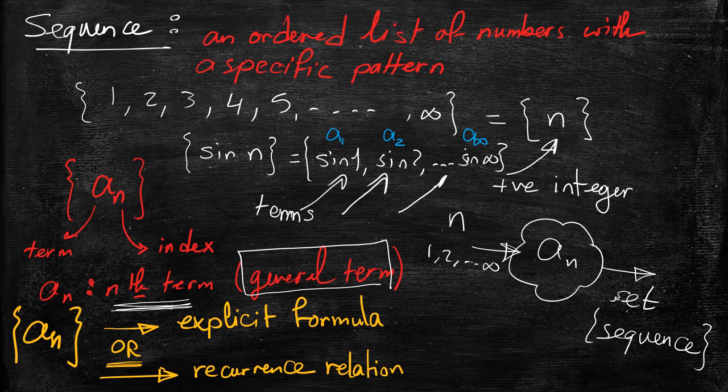If we think about how we can express the sequence as a mathematical formula, we can express it in two forms. One of them is the explicit formula, as we did before, where we have this nth term or general term between these parentheses, which is n, or we can define this as 1 over n squared, something like this. Or the other way, we can describe this by a recurrence relation.